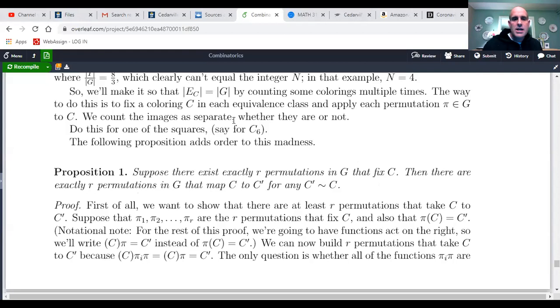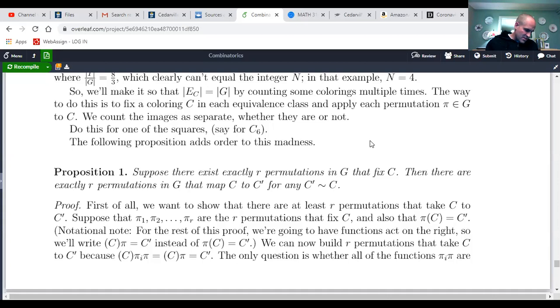That's the goal. And we think that we've already discerned how to do that upstairs by looking at the number of things that fix a given permutation. And we see that that's also the number of things that move us from one coloring to another in an equivalence class. Okay, and that indeed is going to be the case. So that's why we want to prove this proposition right here.